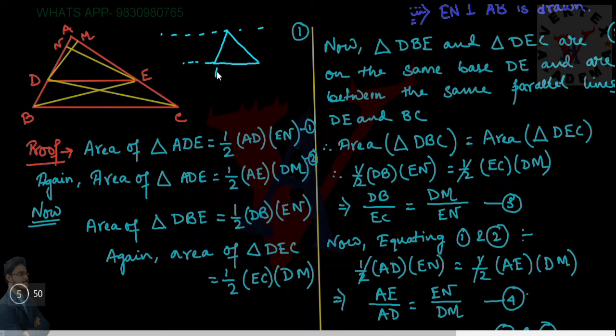If this is the side BC of a triangle and this is vertex A, then this height is H. Now it is the same thing if the vertex is the same and the base is extended, this is also the same height, right? To be more precise, if a triangle is like this, to draw the height, you will just put the perpendicular from here, and the foot of the perpendicular will be on the extension of the base, right? But this is actually the height. So this is the thing here.